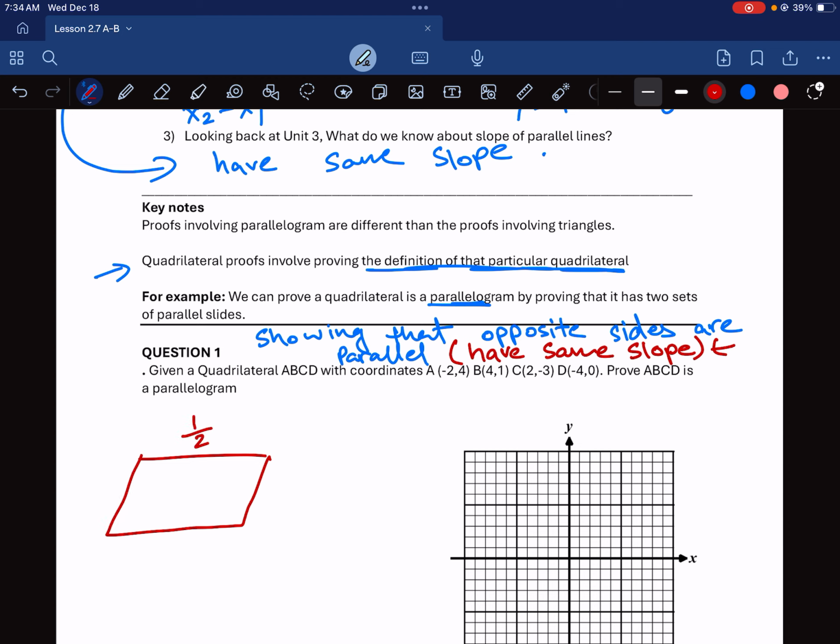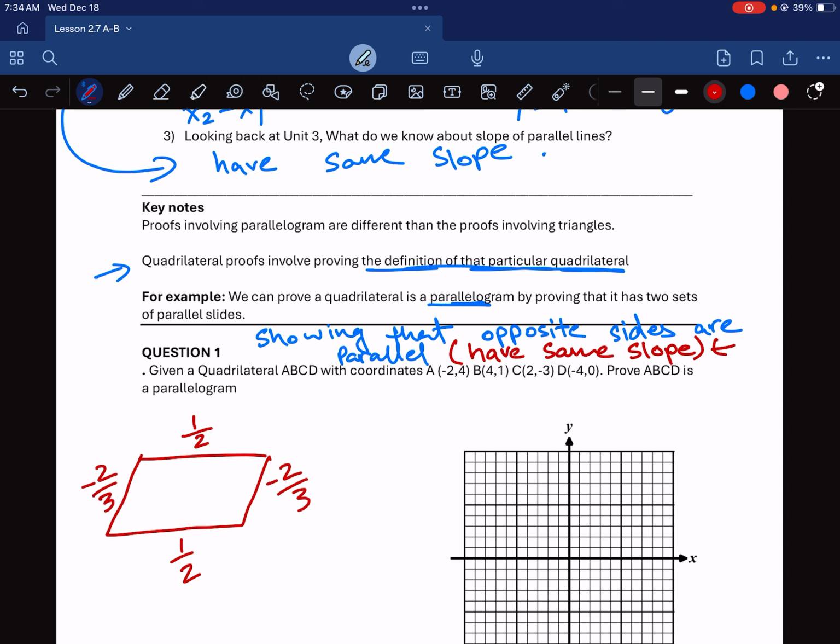Then the slope of the bottom one must also be 1 over 2. If the slope of this one is negative 2 over 3, the slope of the right one must also be negative 2 over 3. All right, that's what you have to show, that the opposite sides have same slope. So all you have to do is use the slope formula to show opposite sides have same slope. And once you show that they have same slope, you can just say that it is indeed a parallelogram.